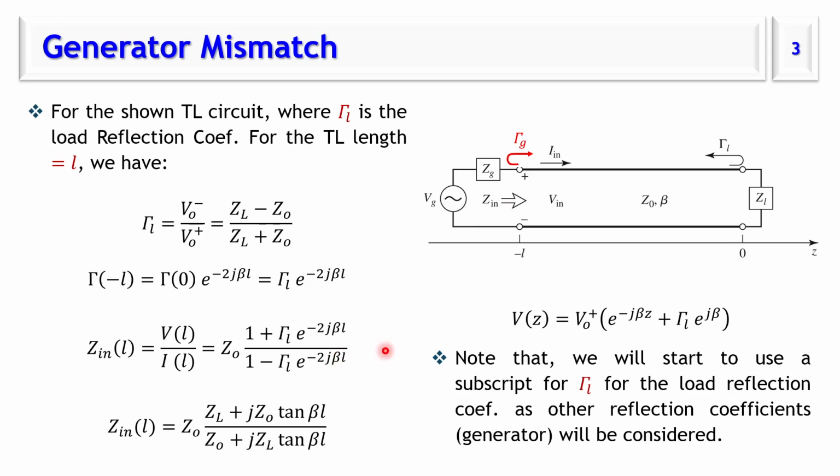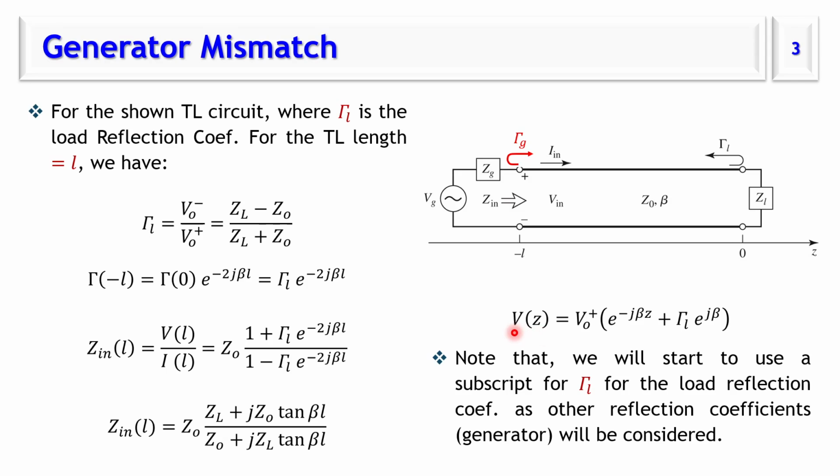At any point on the transmission line, we are considering two components of wave: a component propagating in the positive or forward direction and a component propagating in the negative direction. They are related at the zero, because this is zero, with this expression.